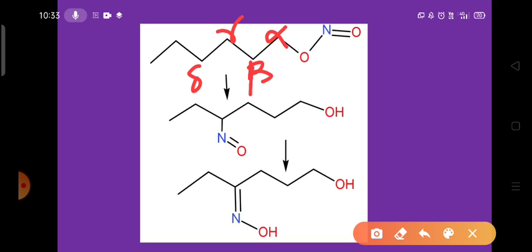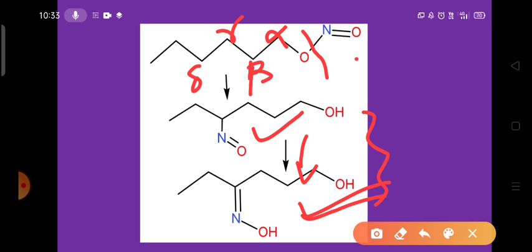So this bond will break, and the nitroso group will be substituted at the delta position like this, and this in turn changes into the oxime. So this is the nitroso compound and this is the oxime.